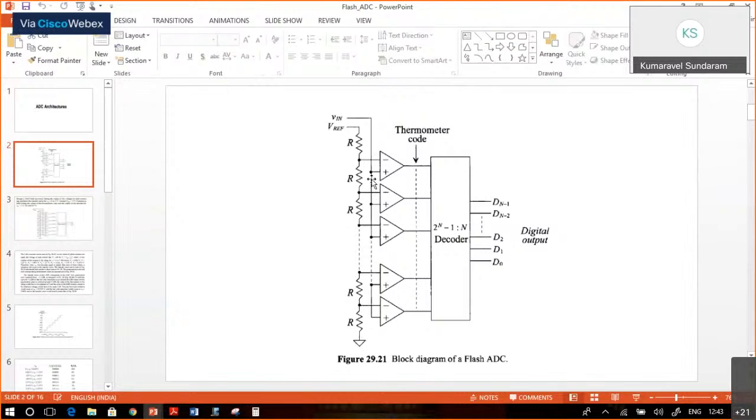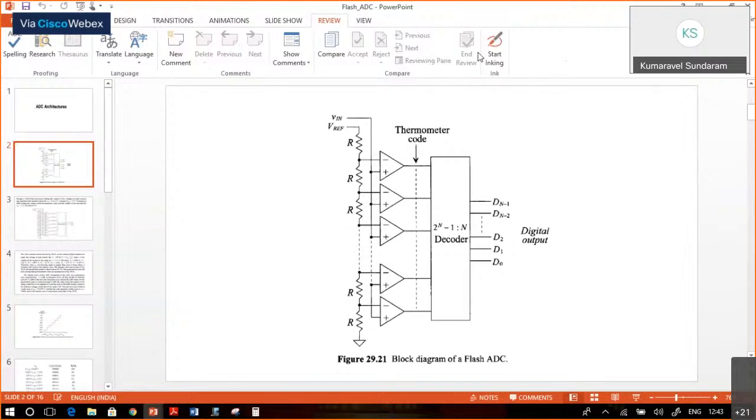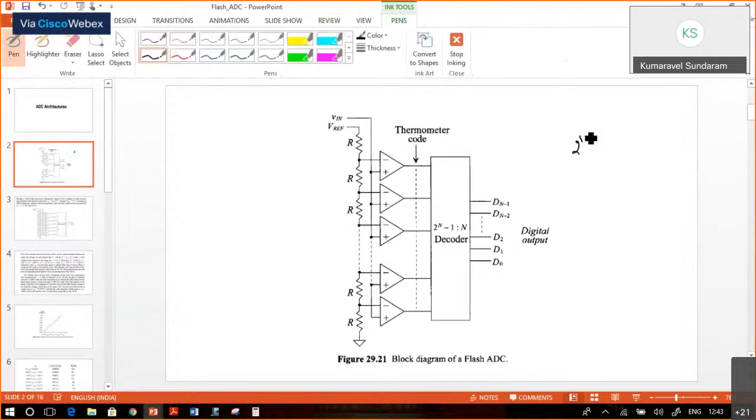In terms of area, if you go with high resolution, n equal to 10 bits, 1023 comparators are required, which occupies more area and power.